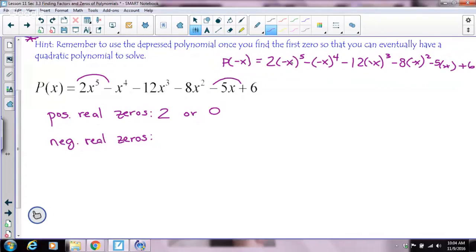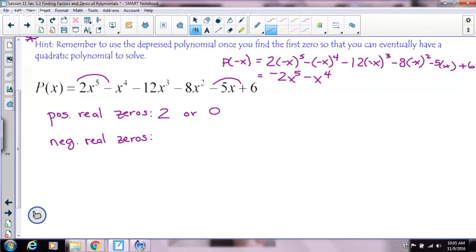All right. When you have a negative being raised to an odd exponent, what do you get? A negative. And when you have an even exponent, a negative to an even is positive. So this is going to become negative 2x to the 5th, right? Because it's a negative to an odd. This is going to stay the same, so then bring down the minus, and it's just minus x to the 4th.